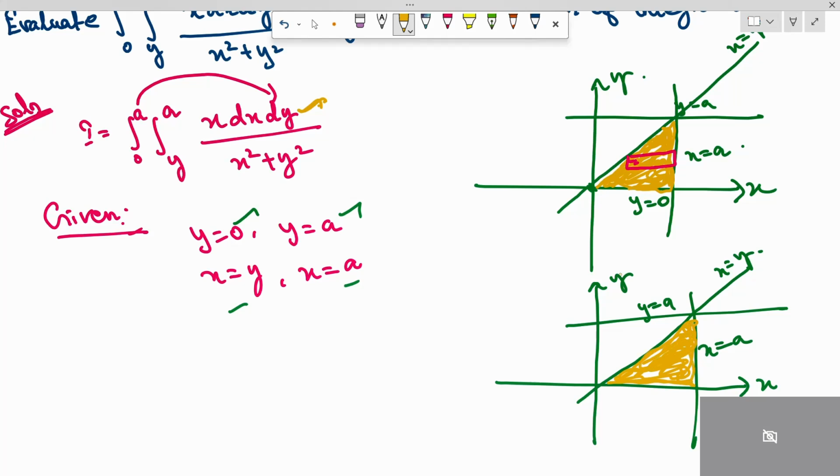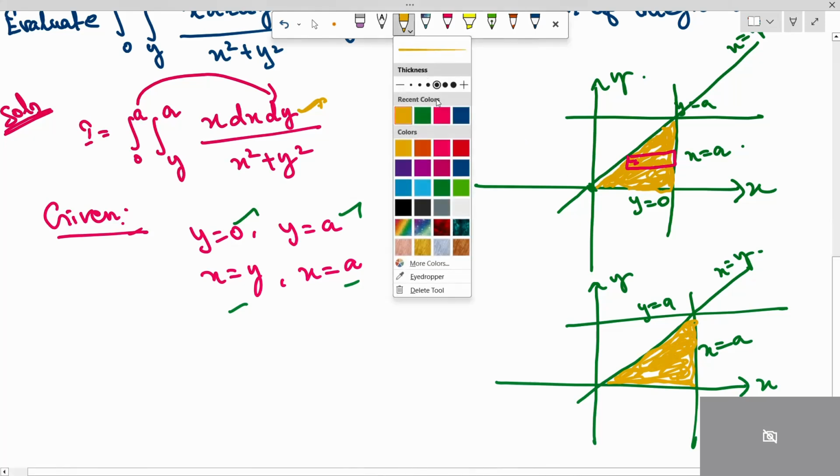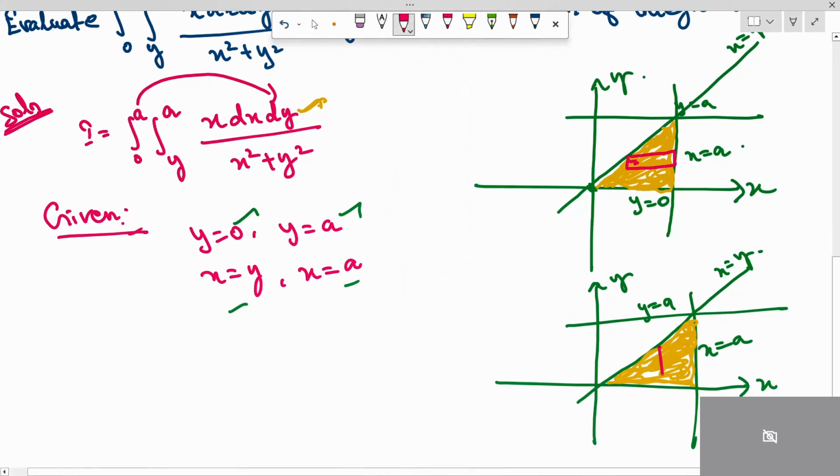Then draw the strip. The given strip direction is perpendicular to the y axis, because here our outer limit is a constant limit. According to this outer limit we can draw the strip direction easily. Now rotate the strip perpendicular to the x axis, and then we can calculate the limits.